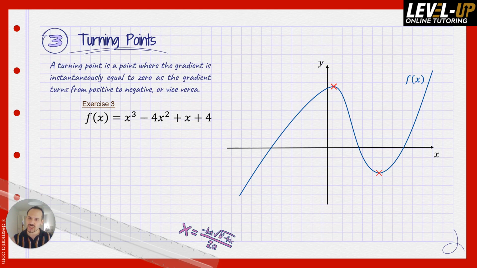Remember, we can differentiate each term individually, and apply the power rule to each. So we find the derivative dy/dx, where y equals f of x. For the first term, we multiply by 3 and knock 1 off the power. The second term gives us minus 4 times the 2, and then knock 1 off the power.